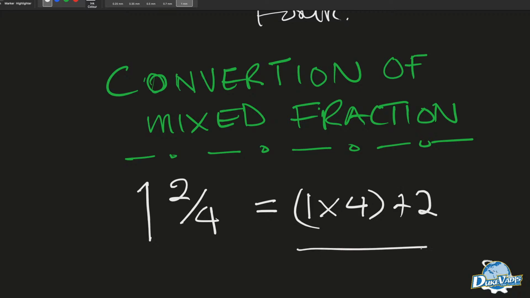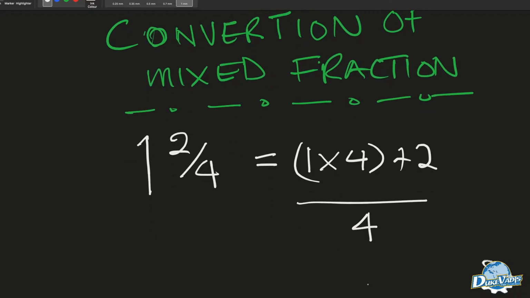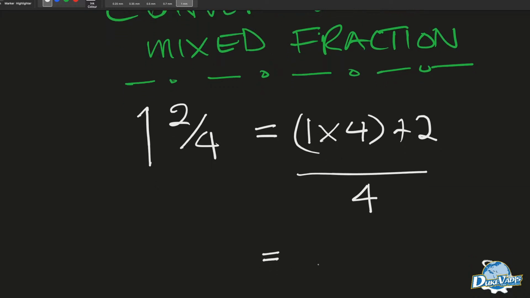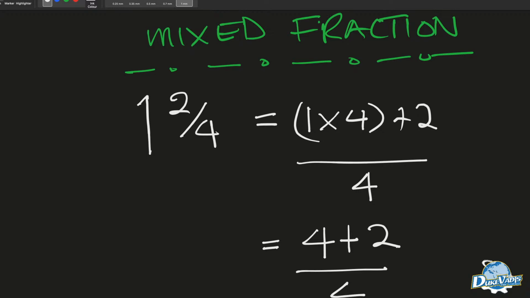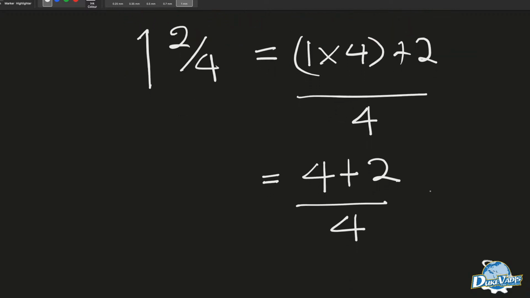all divided by 4. So when we multiply 4 by 1, we will get 4 plus 2 over 4. Then 2 plus 4 will give us 6, divided by 4.